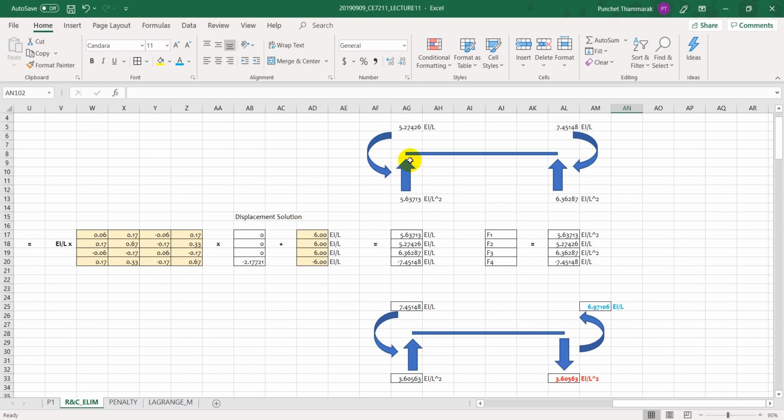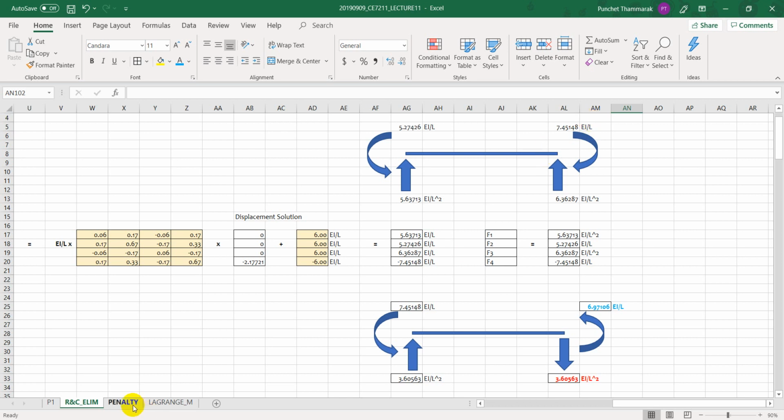I think in SAP you can click and see the internal force diagram for each individual member, right? But sometimes if you want to just extract this information and use along with your design spreadsheet, that could be a good tool for you.